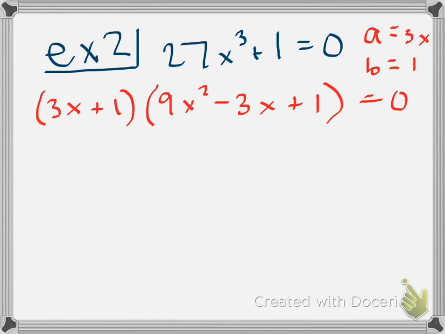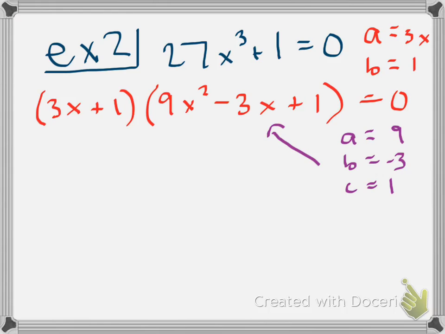So to solve, we need to use the quadratic formula. So now we're going to identify a new set of a, b, and c. a is 9, b is negative 3, and c is 1. So these three values are coming from that trinomial right there. So now we're going to use the quadratic formula.